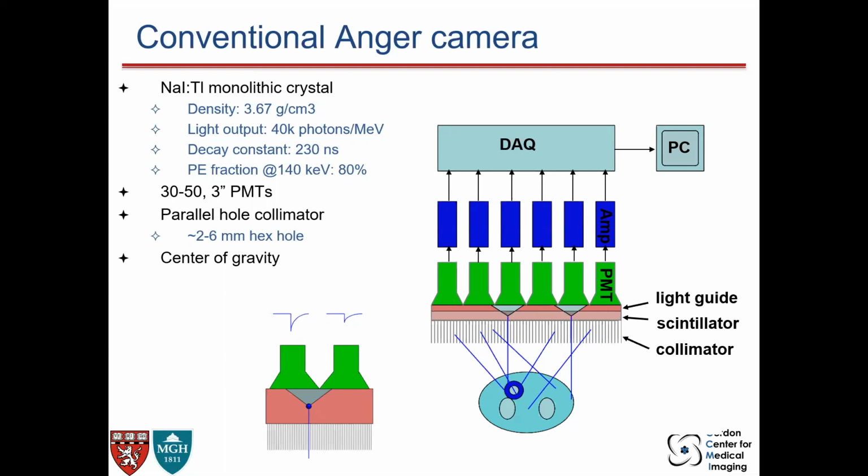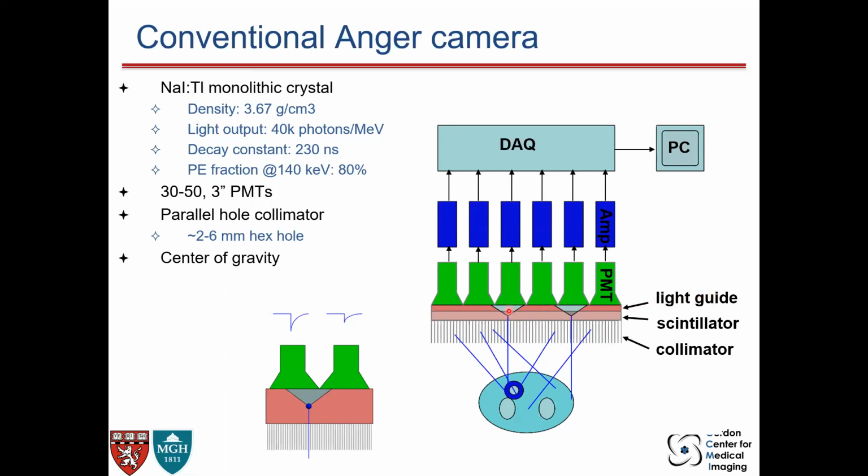Let me find the laser pointer here. Okay, when you have a gamma ray going through a collimator hole, impinging upon a scintillator, you have a light diffuser called a light guide, and then the signal is spread over multiple PMTs.